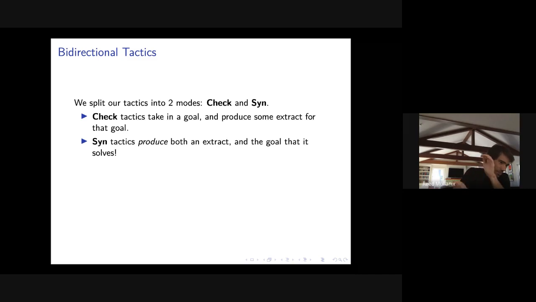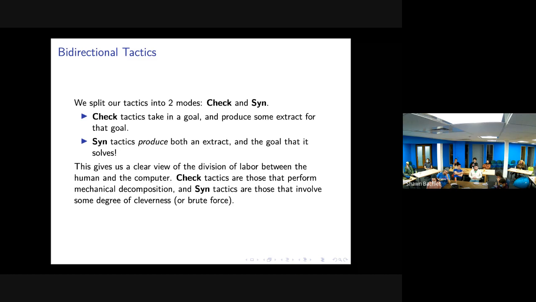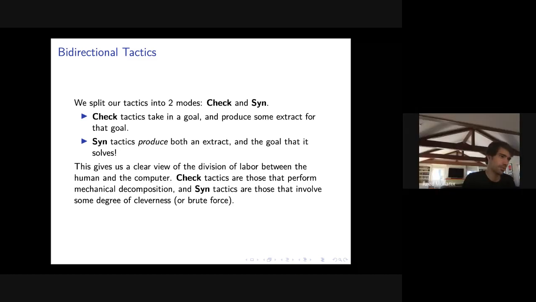We don't need to continuously check against the goal to see, does this fit? Does this fit? Does this fit? So this gives us a very clear division of how the labor is divvied up. There's the labor that's done by the machine, which is these check tactics. And then there is the labor that involves the human or some sort of automated search procedure, which is the syn tactics.